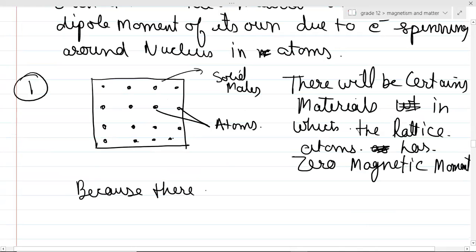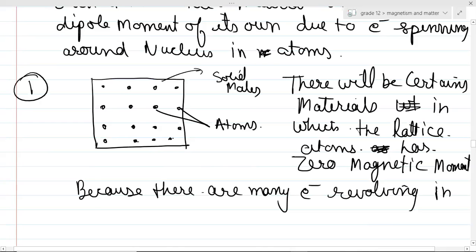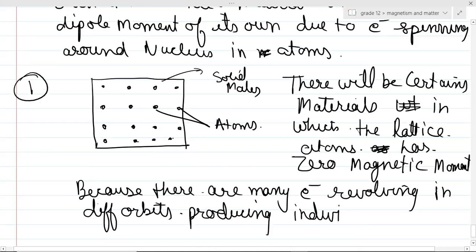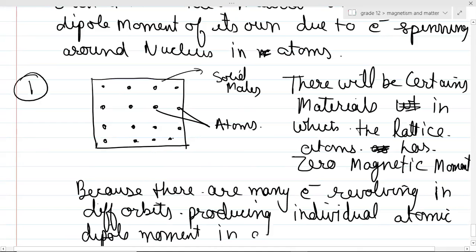There are many electrons revolving in different orbits, producing individual atomic dipole moments in different directions at random, right or wrong?